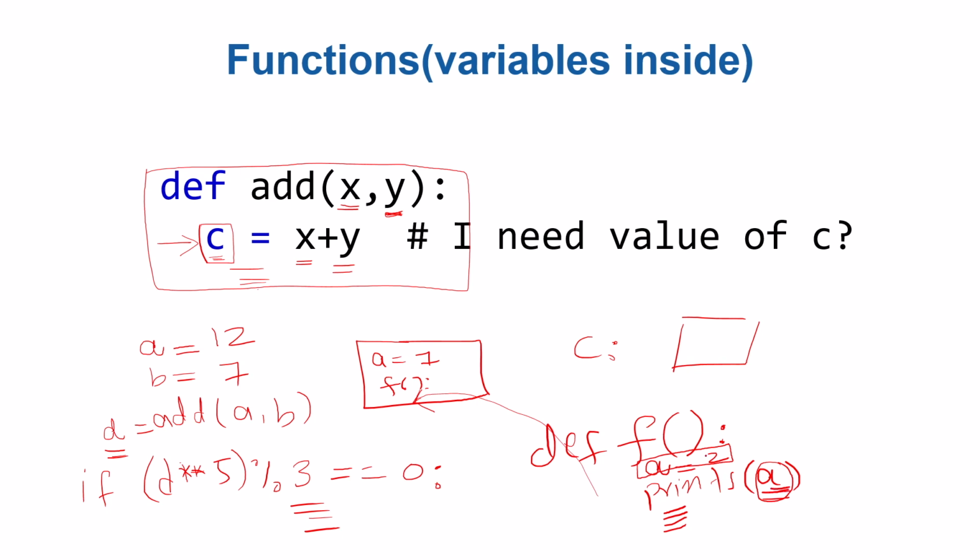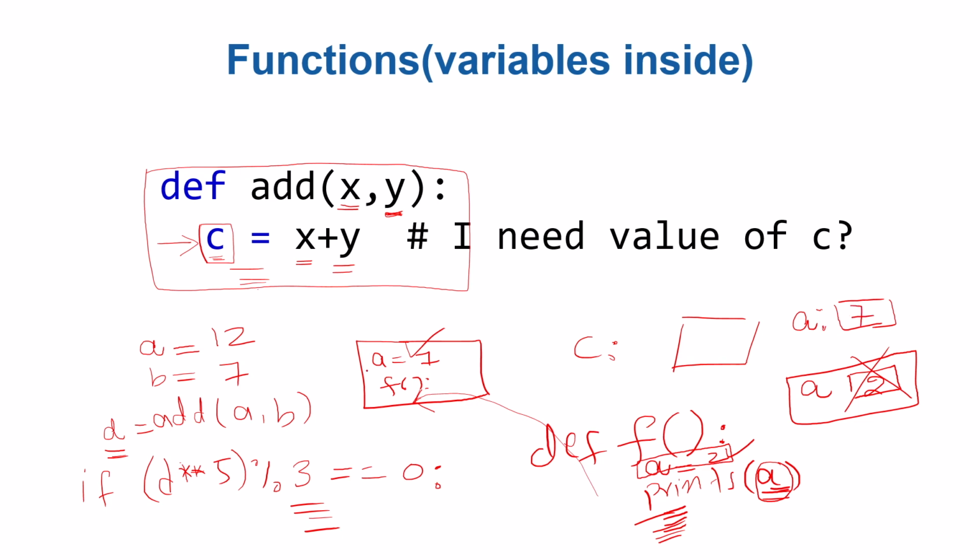Now this a is defined inside the function, and all the accesses to a will access this value 2 rather than the 7. Consider the 7 has a separate location in memory, and this 2 has a separate location in memory. Both have the name a, but this a will only be referred to when the function is executing. After the execution of the function completes, this is gone from the memory, and this 7 will still be available. So it is good to know.